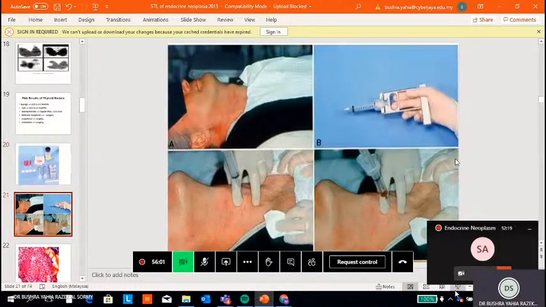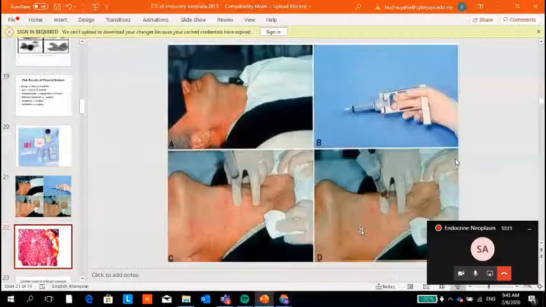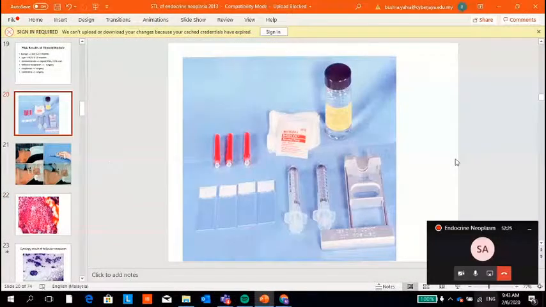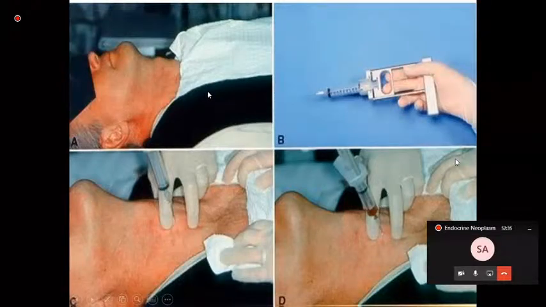You can see here. We fix the needle and syringe in the plunger, and we ask the patient to lie down and expose the thyroid.